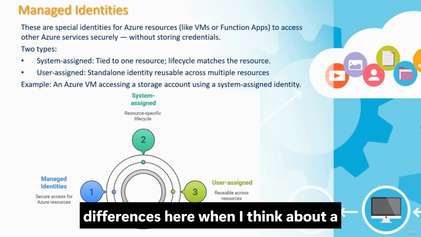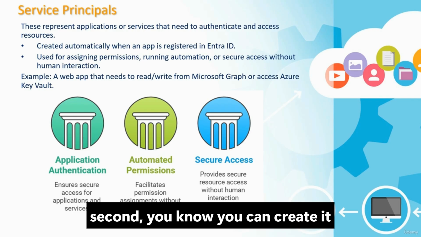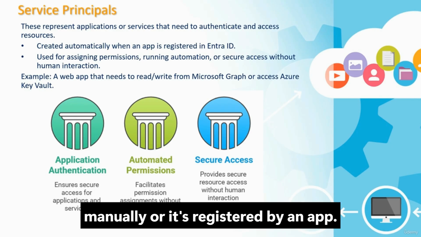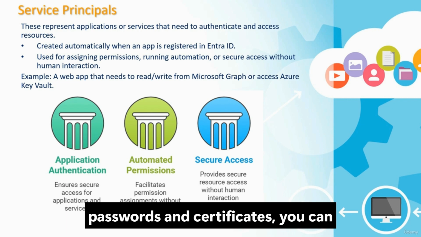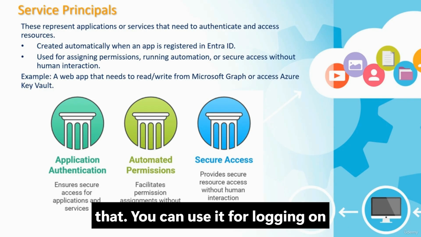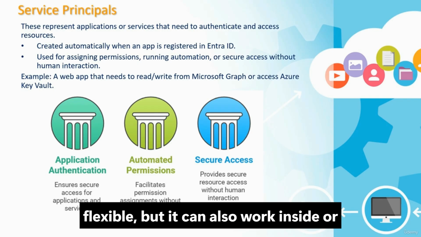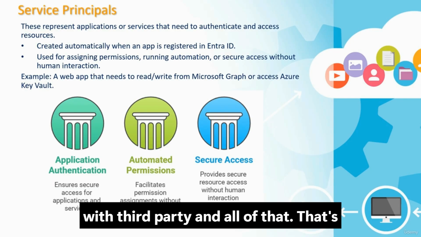Okay, so just looking at the differences here. When I think about a service principal, going back for a second, you can create it manually or it's registered by an app. You manage its credentials like passwords and certificates. You can control the restrictions and all that on that. You can use it for logging on and authenticating with Azure. It's flexible, and it can also work inside or outside of Azure itself, so it can work with third party and all that. That's really good.